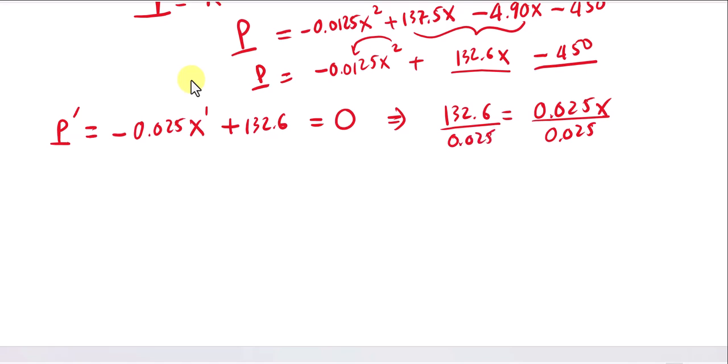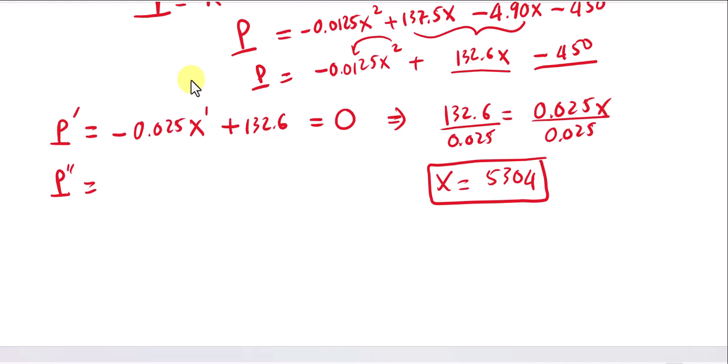So 132.6 divided by 0.025 will give me x equal to 5,304. And this is the only critical value, right? And usually it should be the amount that maximizes the profits. We can also use the second derivative to check for that.